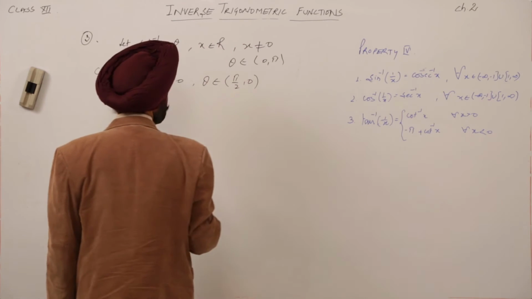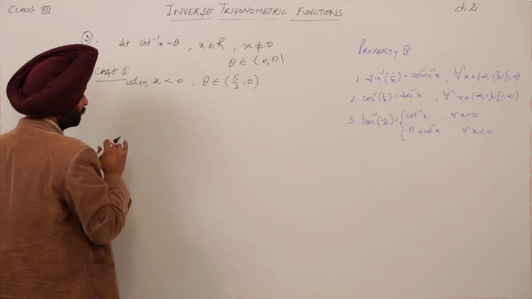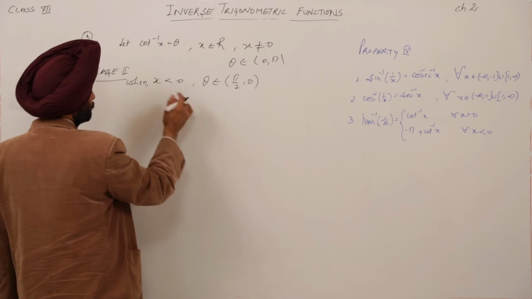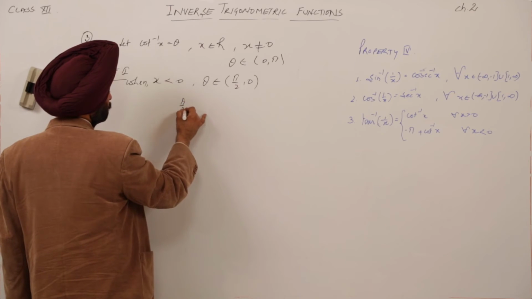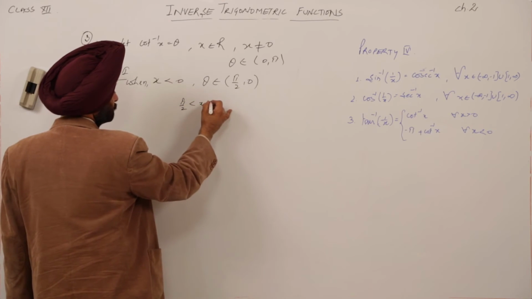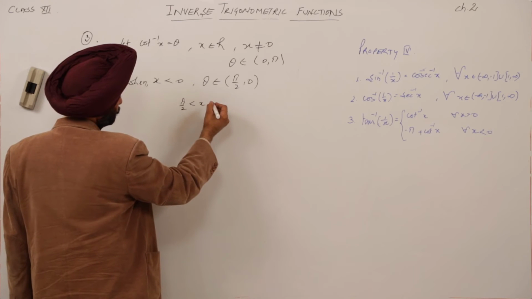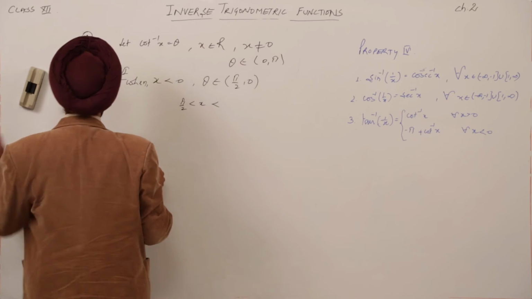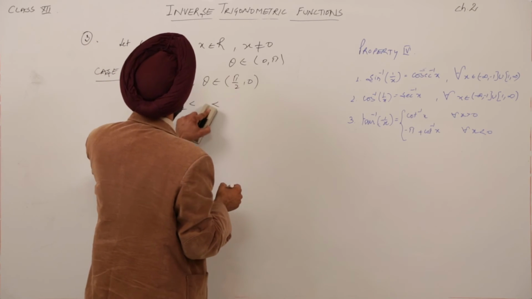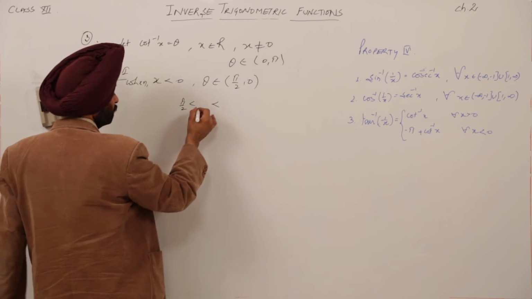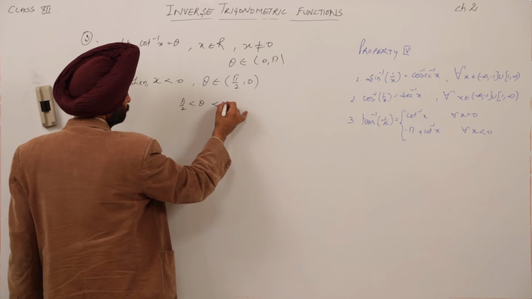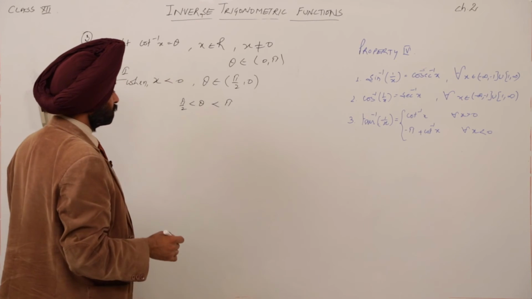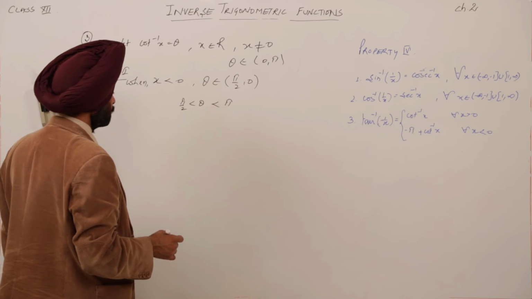Now let's move with this part. Here we have one more thing, that x is less than 0. So when x is less than 0, theta lies between pi by 2 and pi, so we can write pi by 2 is less than theta is less than pi.